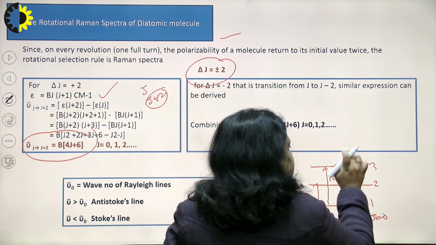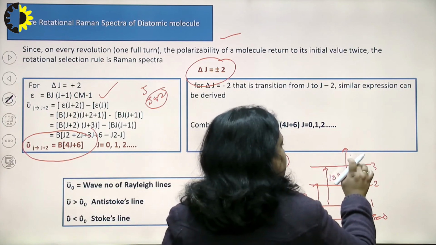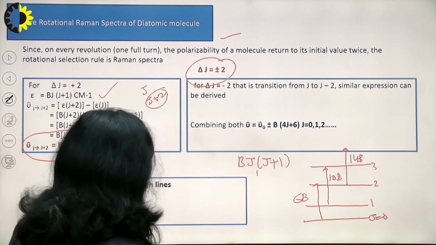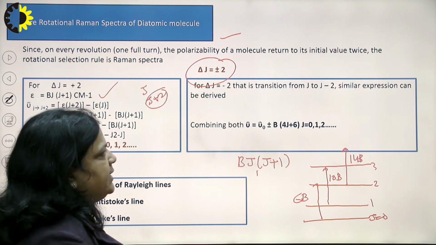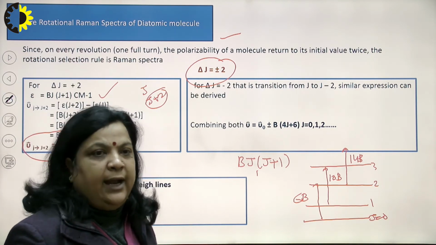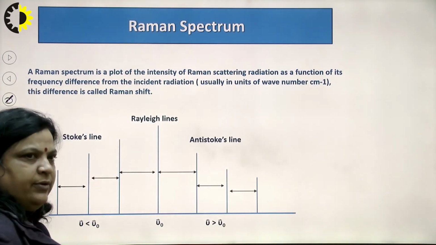For 2 to 4, we put J as 2, then it is 14B as per this. And delta J plus minus 2, one is for the Stokes line and another is for the anti-Stokes line. So, we get this type of spectrum.